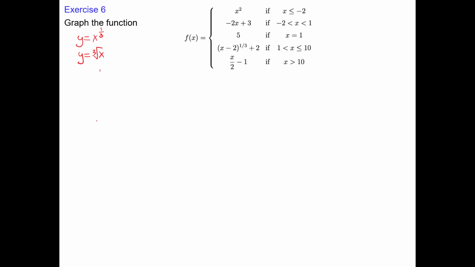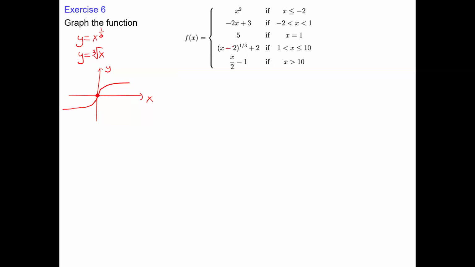We know how the cube root of x looks from section 1.1. It's the inverse of x cubed, a little bit flatter, through 0, 0.